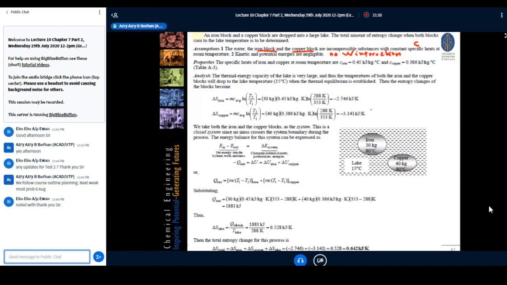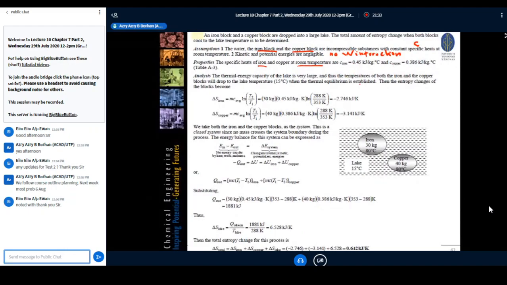Okay, if you look at Table A3, it will give you some limited values of specific heat for iron and copper at room temperature. So if you look at Table A3, these are the values of C for iron and also C for copper.